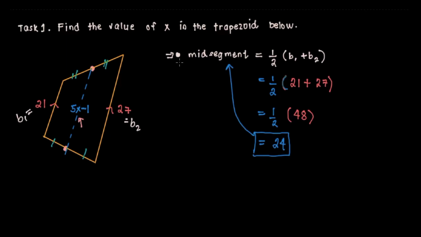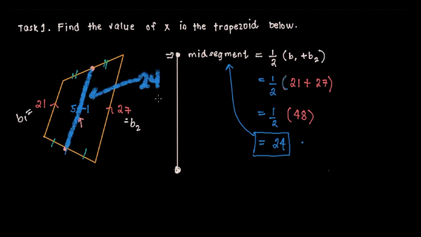Okay, so para makuha natin yung value ng x dyan, let us continue our solution here. Since nandito yung ating mid-segment at alam natin ang value niyan is 24 at nandyan din yung x, gagamitin natin yan. So we have this solution. 5x minus 1 equals 24, the mid-segment value.